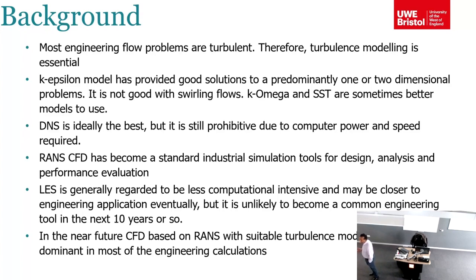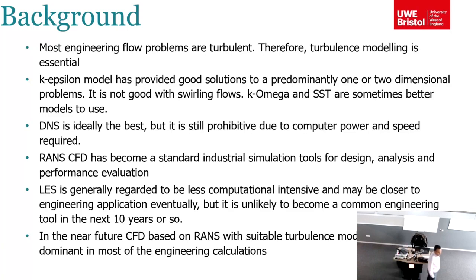you had better use the K-epsilon model because it's simple enough and robust enough. But if you're worried about the boundary layer and flow separation, it's not good. If you are worried about the boundary layer, you need to go for K-omega or better, SST turbulence model.